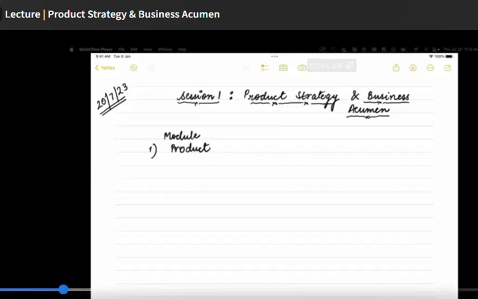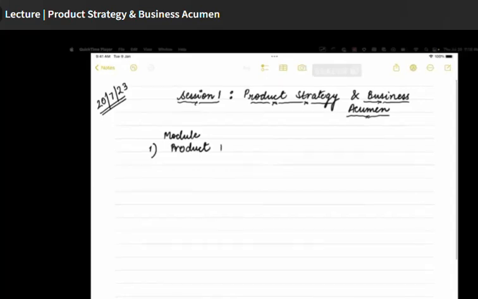I'll keep doing weight training, but how do I know whether that's going good or wrong, that it's helping me or not? So I track something called muscle percentage and fat percentage, and I see how these two vary. So now I have something to measure what I'm doing. That's what we call a metric. Any metric related to a product becomes a product metric.